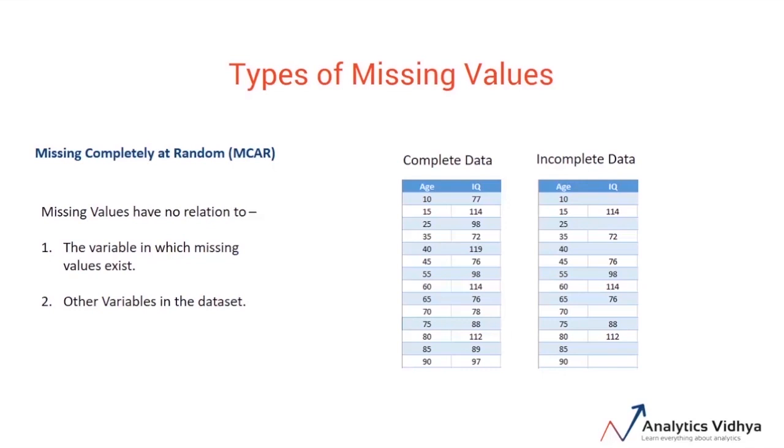A typical case of values missing completely at random would be when the values missing in the IQ variable have nothing to do with the IQ values. That is, all values in IQ are equally likely to be missing. Also, the missing values have nothing to do with the age variable. That is, all age groups are equally likely to have missing values in the IQ variable.